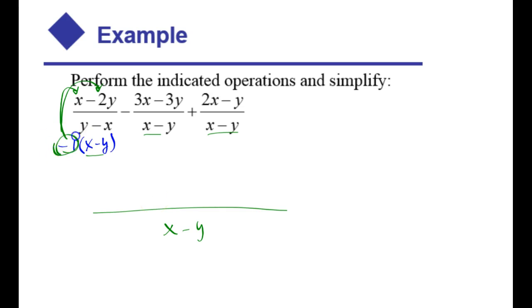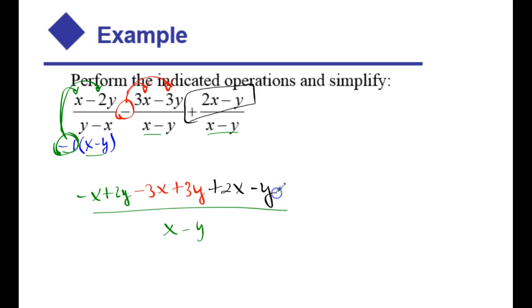But when I distribute this negative 1 throughout, I have negative x plus 2y. And it looks like I need to continue distributing the negative throughout. So negative 3x plus 3y. And then the last bit, I'm just going to transfer down here, plus 2x minus y. Then looking to combine some like terms, let's start with the x's.